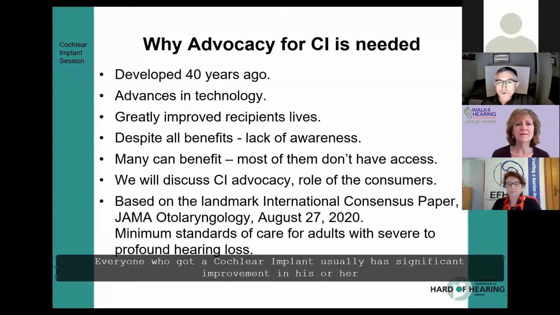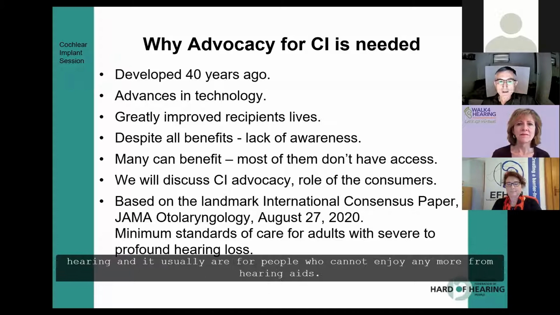Everyone who gets a cochlear implant usually has a significant improvement in his or her hearing, and it is usually for people who can no longer benefit from hearing aids.